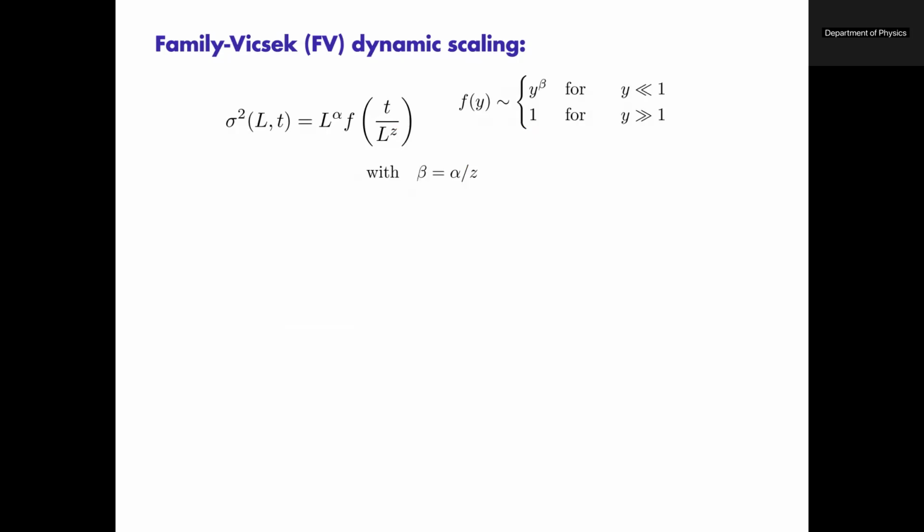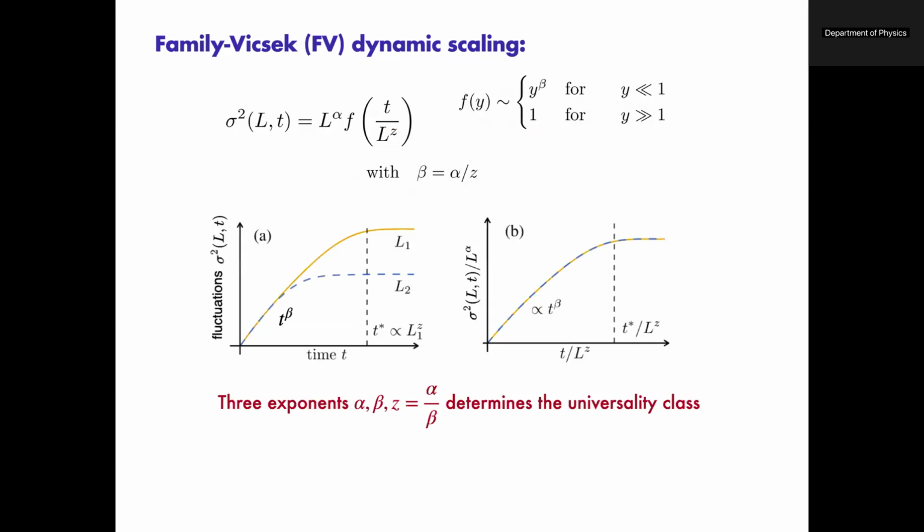Okay, so this F function is some unknown function, but you know what it should do when this P by L^z, which I am calling y, is much smaller than 1 and much greater than 1. So in summary, there are 3 exponents, very much like what Devraj was showing for steady state in some sense.